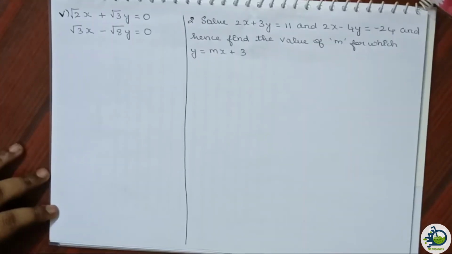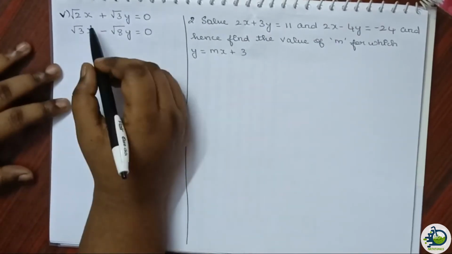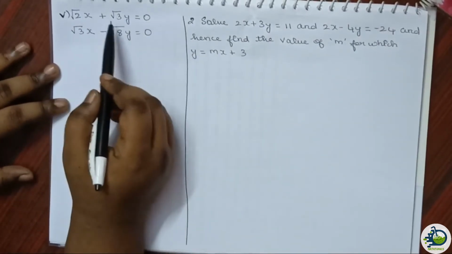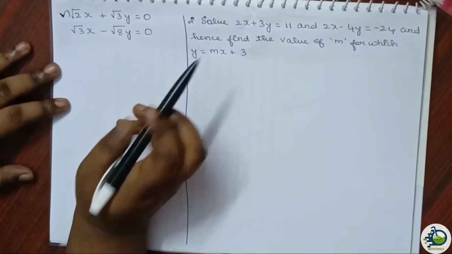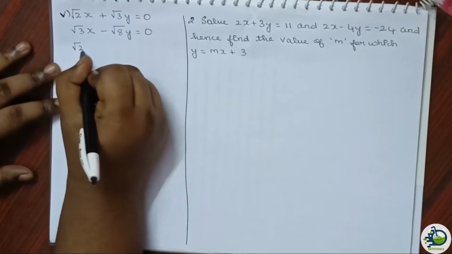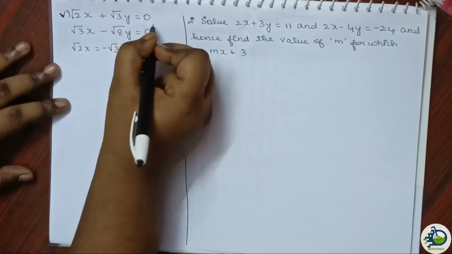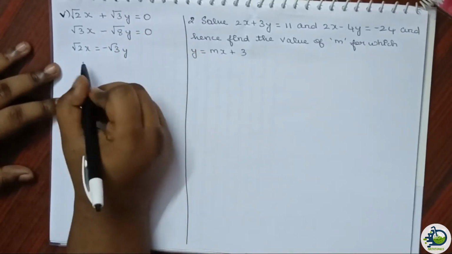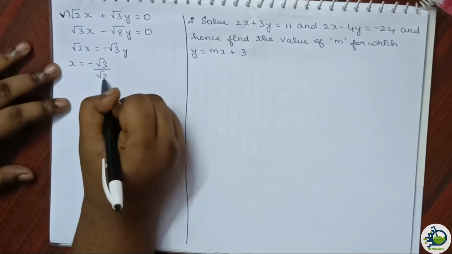Let's solve another equation so that we can understand it more properly. Here I am having root 2x plus root 3y is equal to 0, root 3x minus root 8y is equal to 0. Here I can take the first equation, so root 2x is equal to minus root 3y, because when I bring this to the other side, it becomes negative. So x will be equal to minus root 3 by root 2 y.